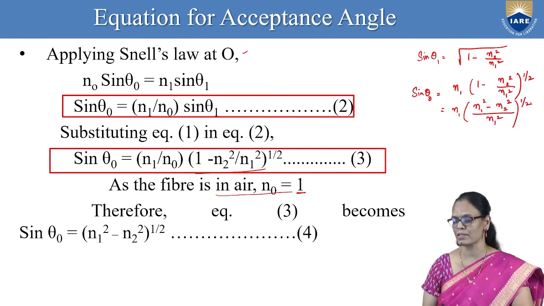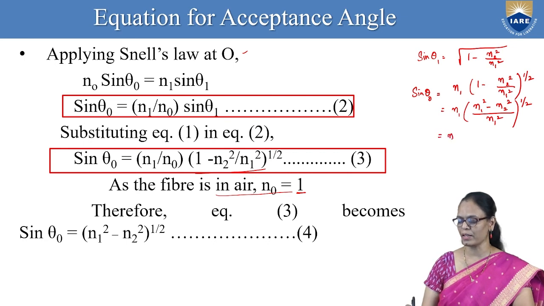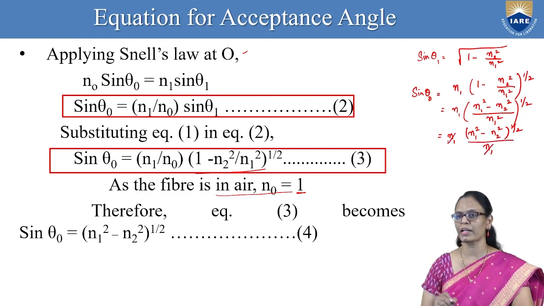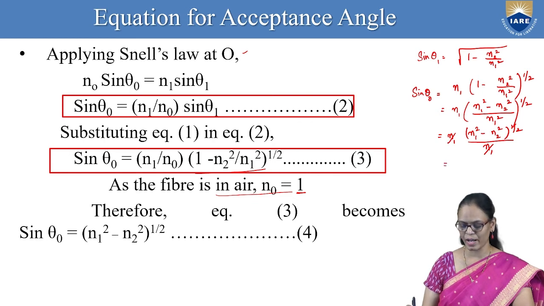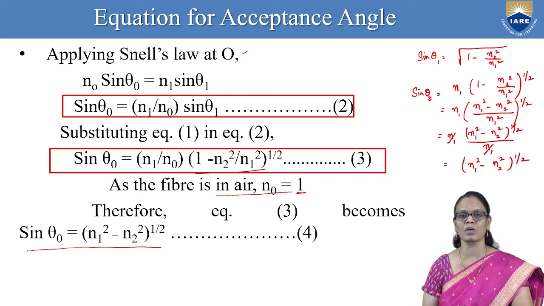Now I'll write it separately. For the numerator, (N1 square minus N2 square) power half, and in the denominator, we have (N1 square) power half. It simply becomes N1, and this N1 and N1 gets cancelled. So what we have now is simply (N1 square minus N2 square) power half. So sine theta naught is equal to (N1 square minus N2 square) power half.